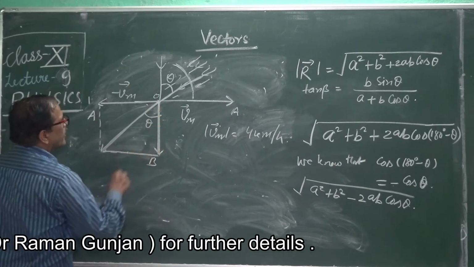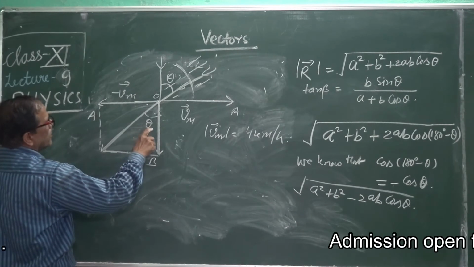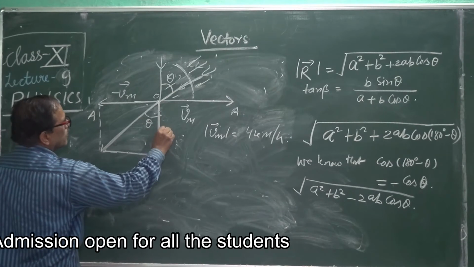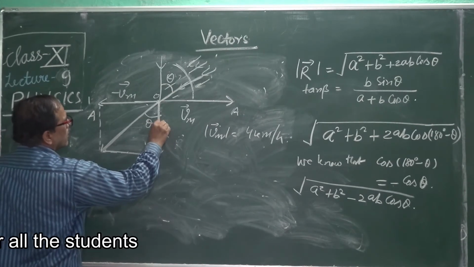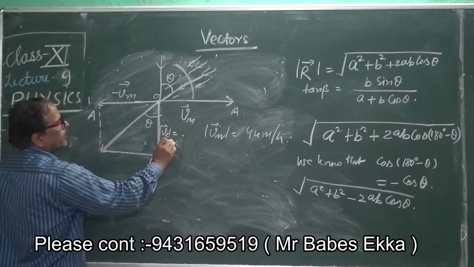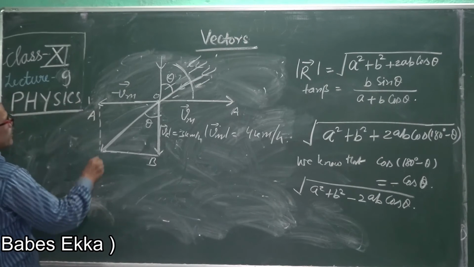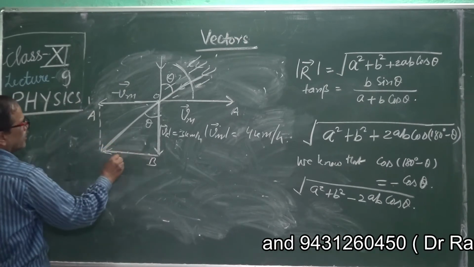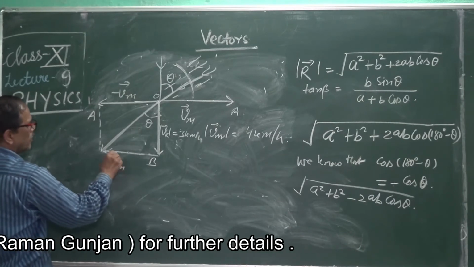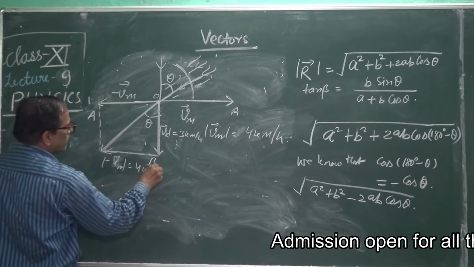Here VR magnitude is 3 kilometer per hour, and the vector Vm magnitude is 4 kilometer per hour.